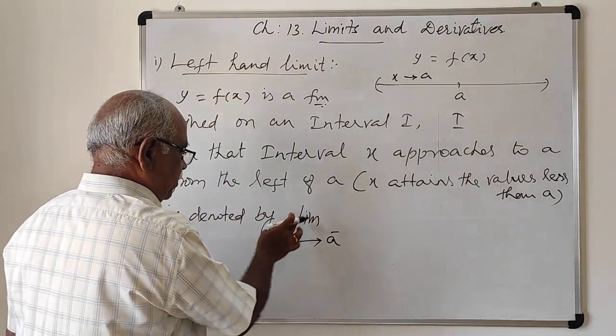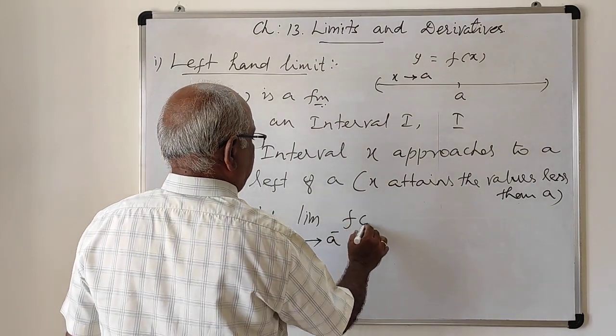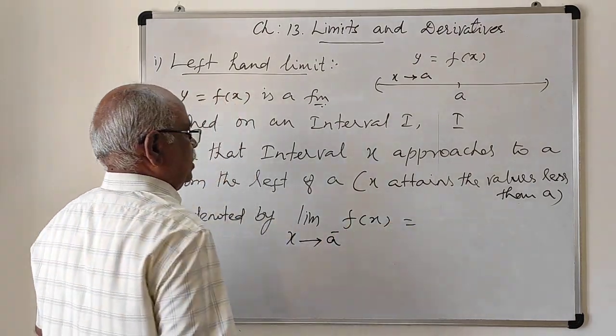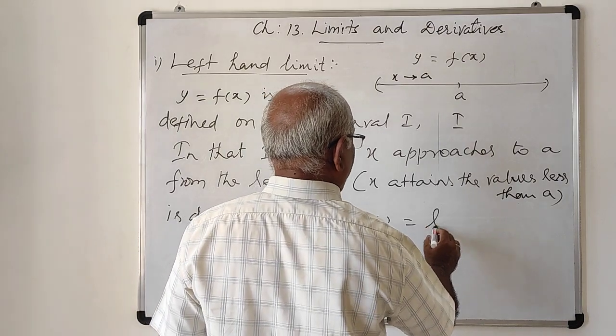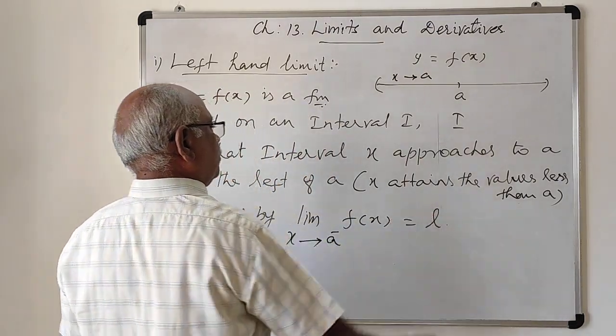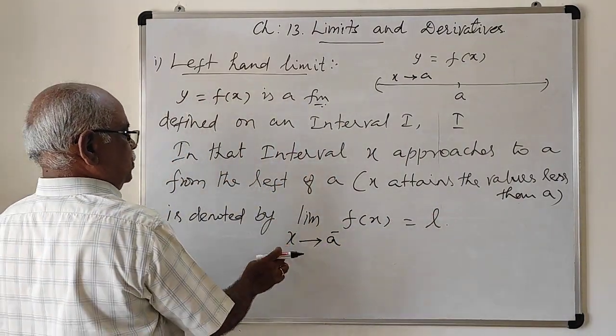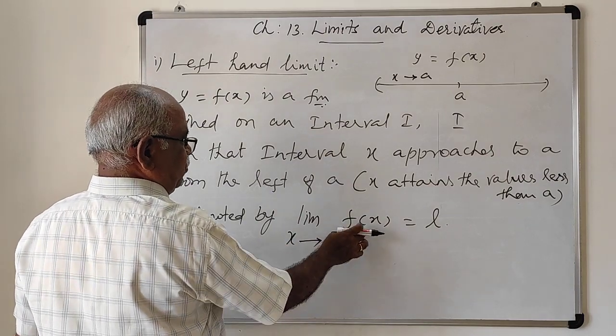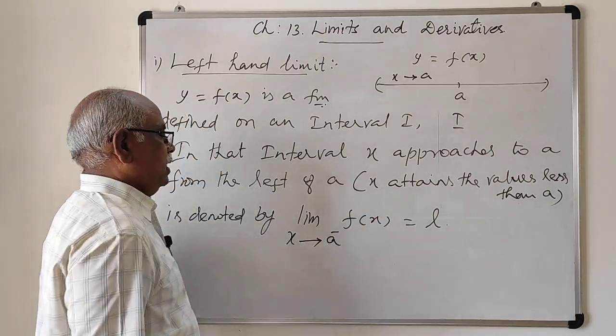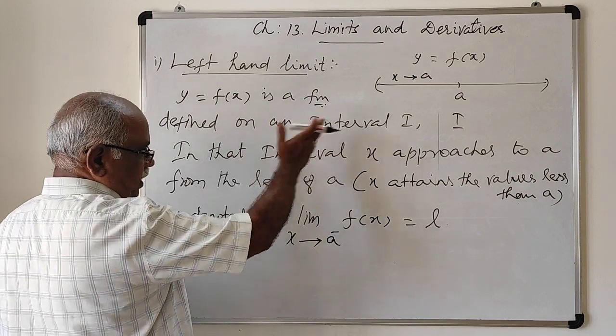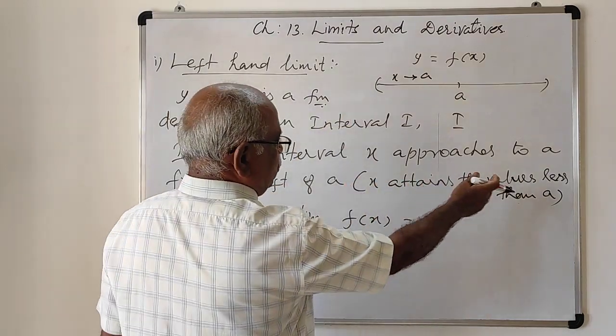You have to read it as limit x tends to a minus of f of x, and it is equal to some constant L. Limit x tends to a minus f of x is the value of the function, L, as x approaches a from the left side, that is, x attains the values less than a.